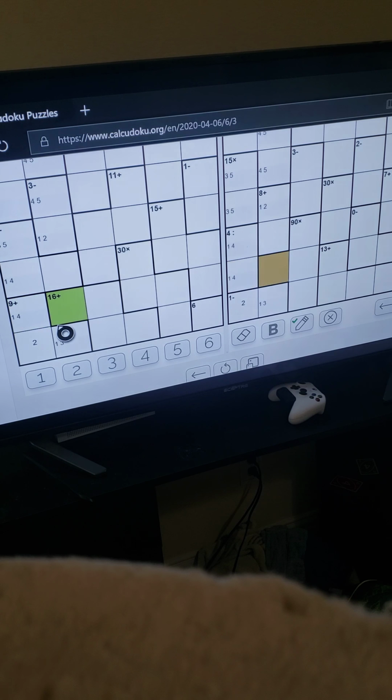So basically with this right here, these two cells will need to add up to 7. But 1 won't be possible since there's no 6 that can be used. So it can only be 4 and 3. And that's a 1.